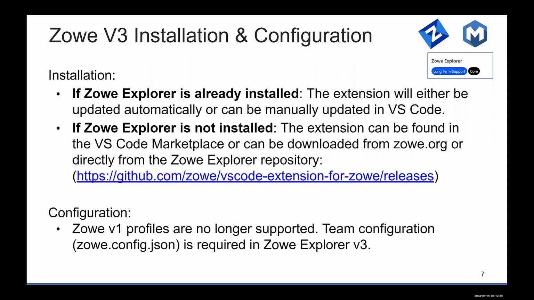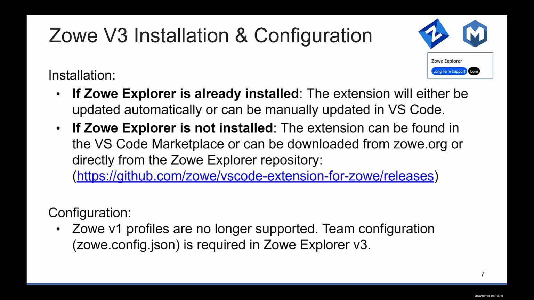Alternatively, if you don't have Zowe Explorer installed at all, you can find the extension in the VS Code Marketplace by searching for Zowe Explorer, or you can download the extension as a .vsix file from zowe.org, or directly from the Zowe Explorer repository.